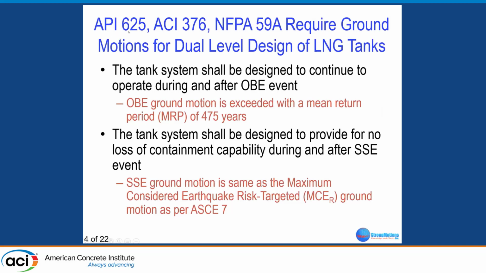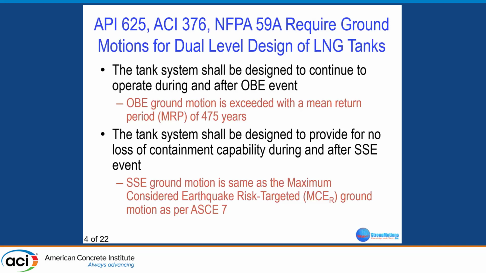Now API 625, ACI 376, or NFPA 59A require ground motions for dual level design of LNG tanks. We are basically talking inner tanks, and then there is another ground motion required for the outer tanks. So they require two kinds of ground motions. The OBE ground motions have a return period of 475 years.